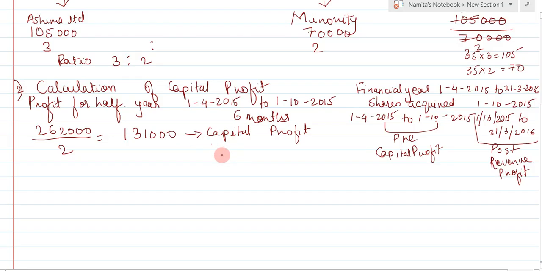So the ratio we know. Hope this point is clear about the calculation of capital profit. For capital profit and for revenue profit, we have to take the months into consideration.